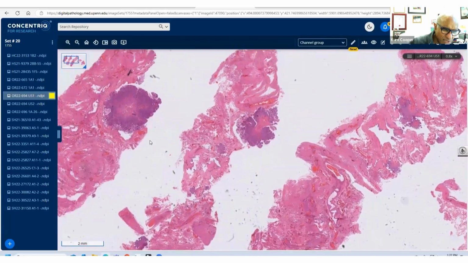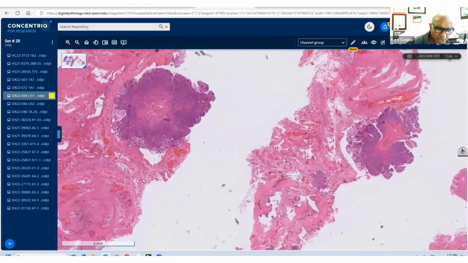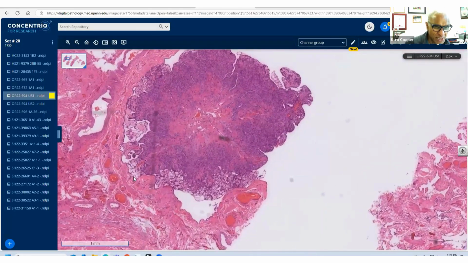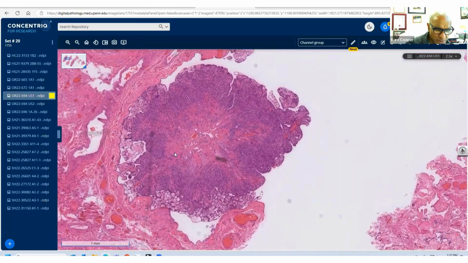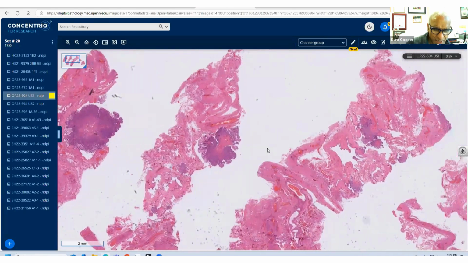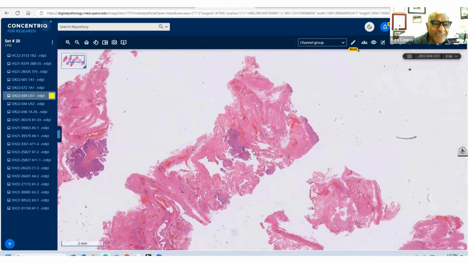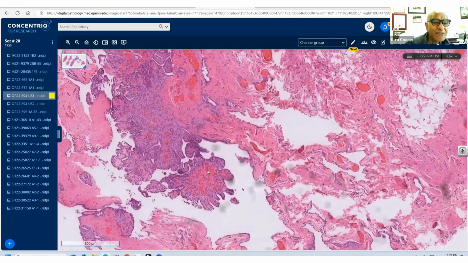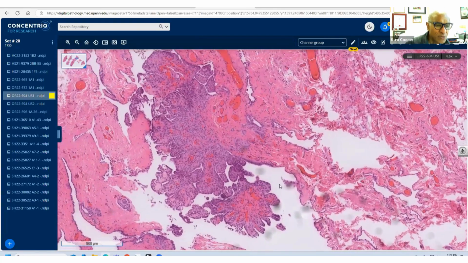Not sure if they saw these grossly. I really should be looking at the gross to be able to tell you whether they saw this grossly. But here you can see these pretty blue structures, there and here as well. Okay, I'll give you a peek into them. All right, let's go to the first one.